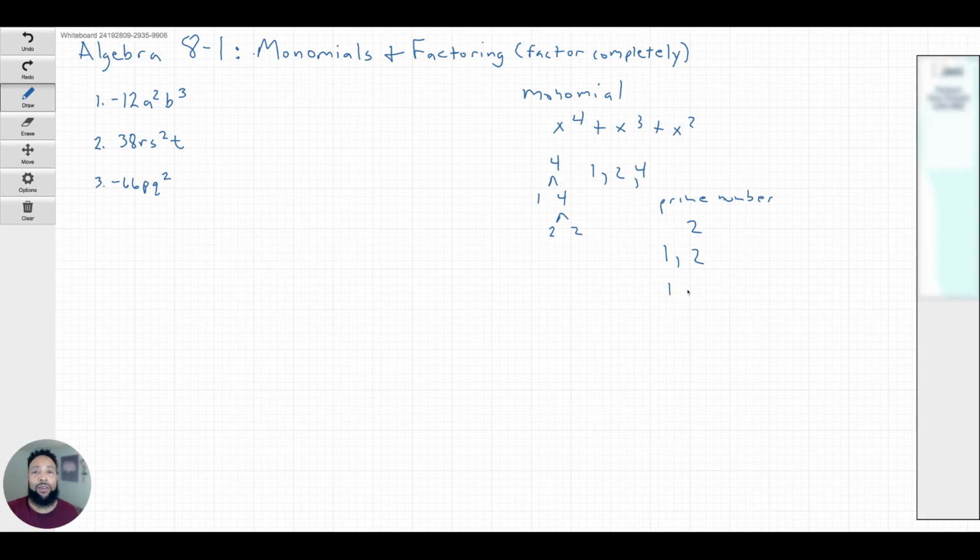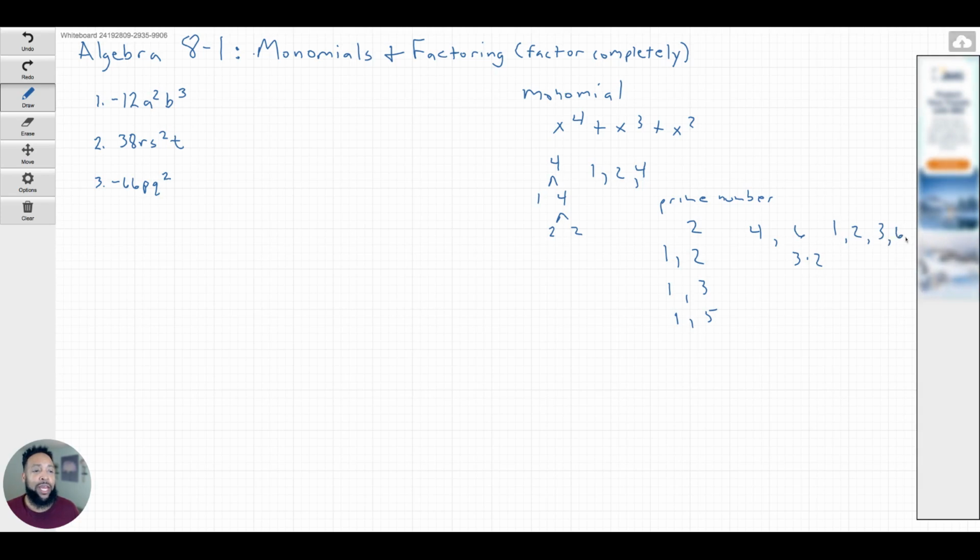The only factors for 3 are 1 and itself, 3. 5 is also a prime number. 1 and 5 is itself. Anything outside of that is going to be considered a composite number. Say, for instance, 4 or 6. With 6, you have 3 times 2. So the factors of 6 are 1, 2, 3, and 6, if that makes sense.